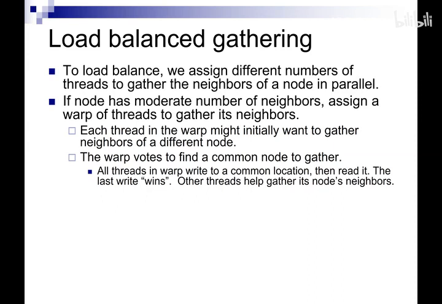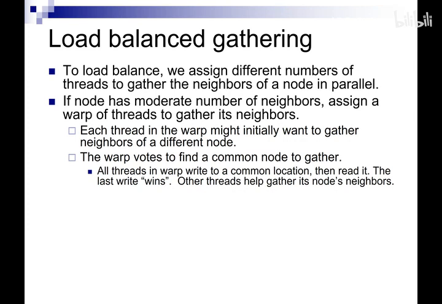The way the threads are going to vote is that they write to a common memory location, and then read it. For example, you write your ID to a common memory location, and then you read that location. One of those writes is going to happen last, so the final value at that location is going to be whichever write happens last.